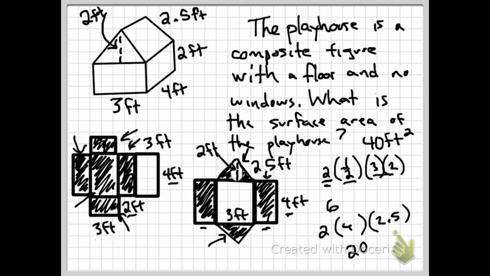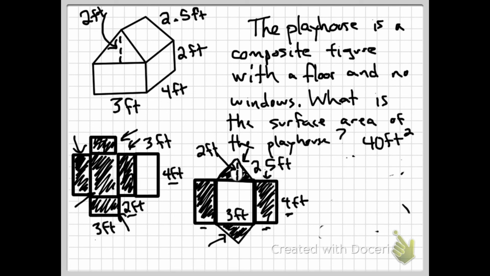All right, so we need the 20 and the 6. So our other portion that we'll need is a total of 26 feet squared for the upper portion. So this is something that you could see in construction, knowing what pieces you need and what pieces you don't need. So we add those 2 together, giving us 66 feet squared for our surface area.